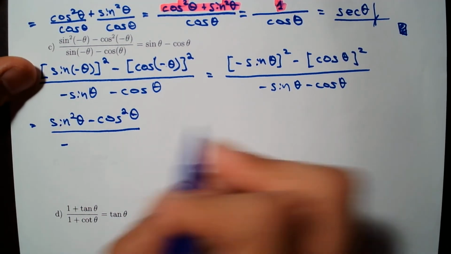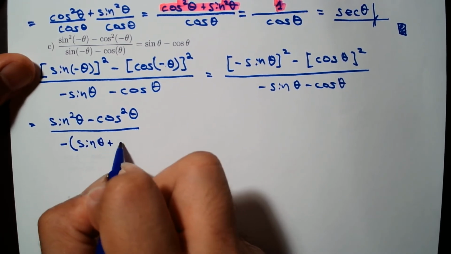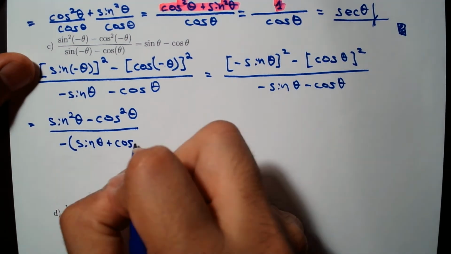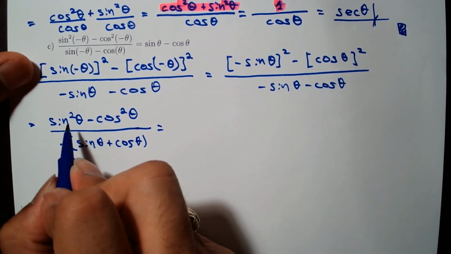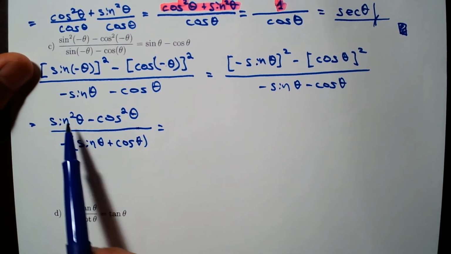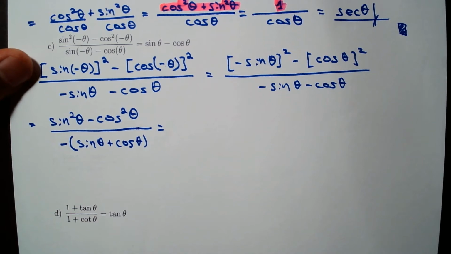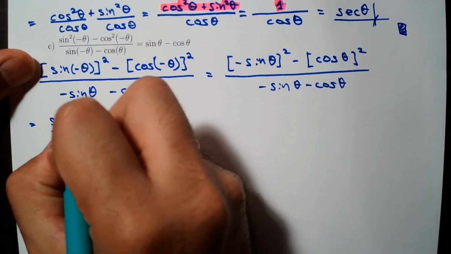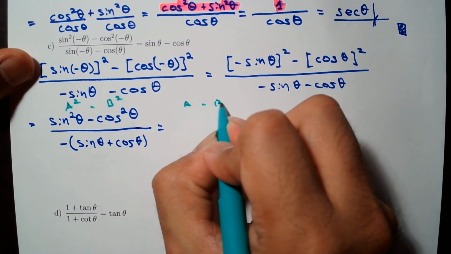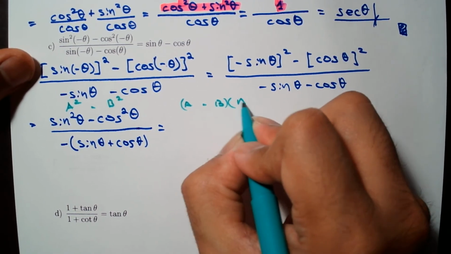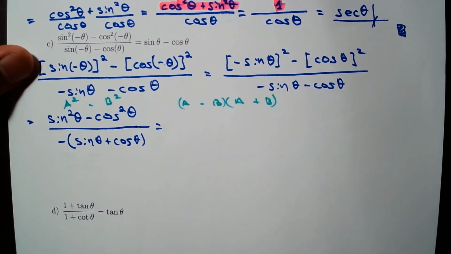Actually, I'm going to factor out the negative sign for now. Later in this chapter, we're going to look at this as an identity, but for now we're going to treat this as a squared minus b squared, which is a minus b times a plus b, basically a difference of squares. That's how we're going to treat this.